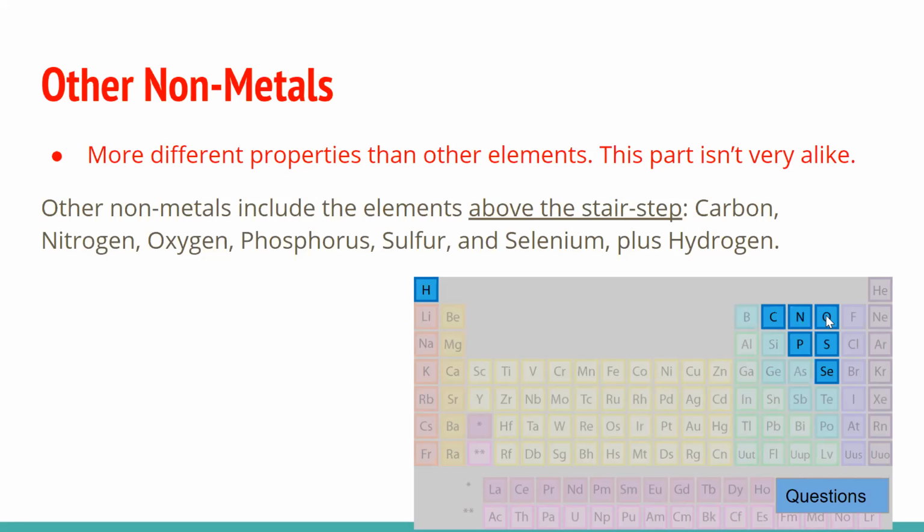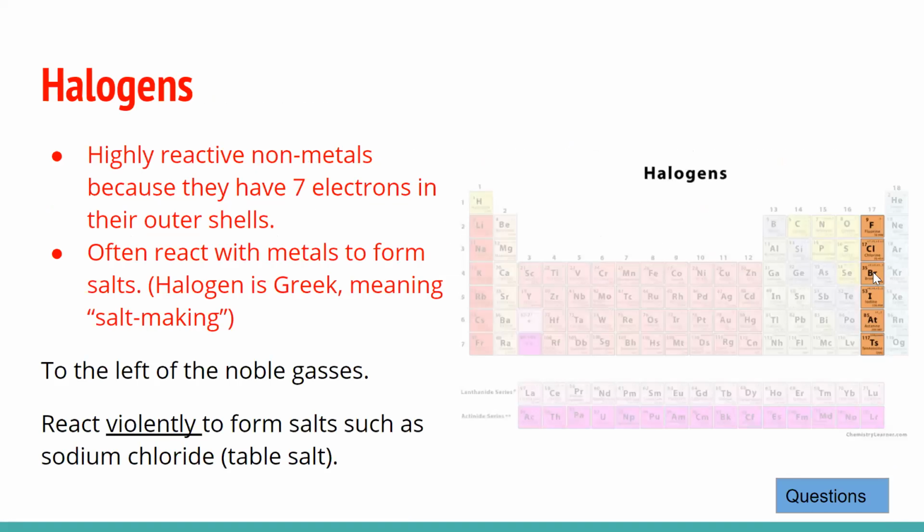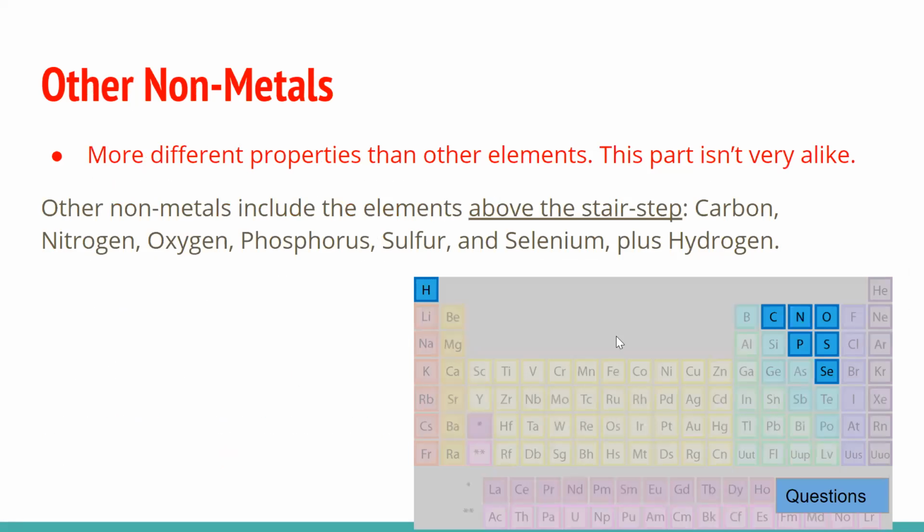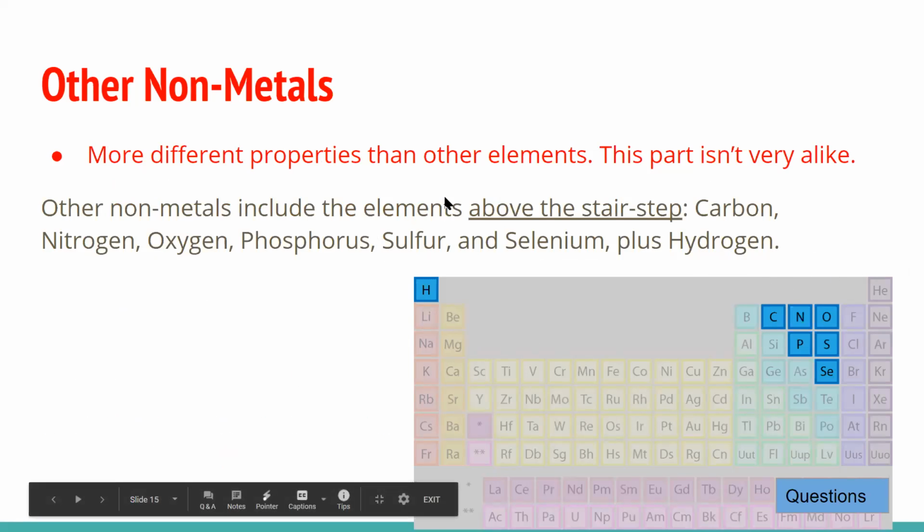Okay, carbon and oxygen, we know, they sometimes will form a bond. And this is a totally different kind of bond than the one we talked about between halogens and alkali metals. So there are other non-metals. These are elements that we've talked about a lot: carbon, nitrogen, oxygen. You'll hear me talk about carbon, nitrogen, and oxygen way, way more often than many of the other elements.